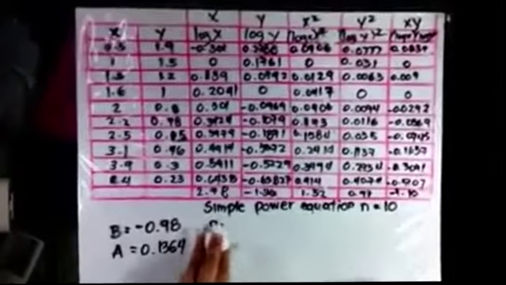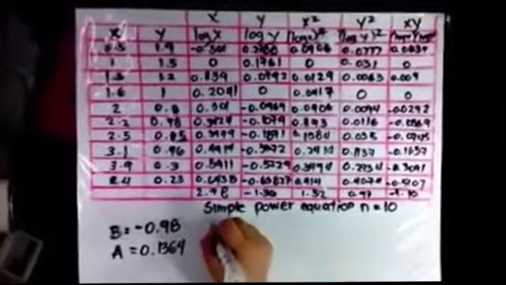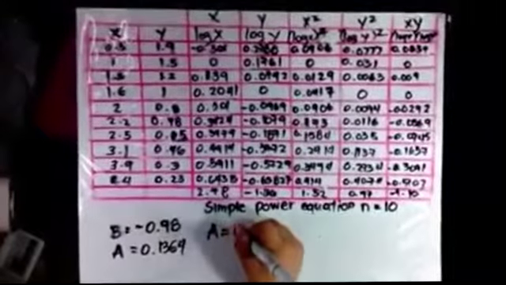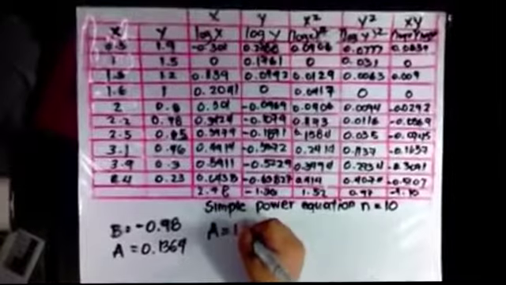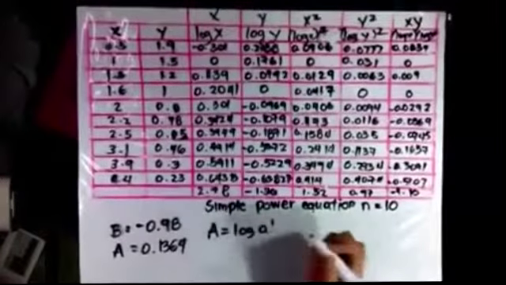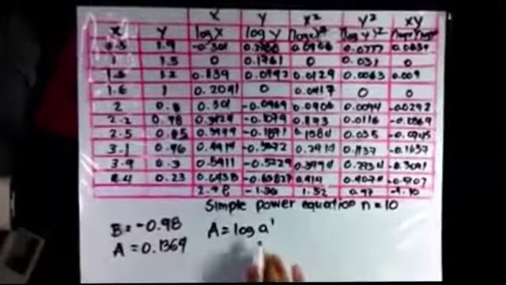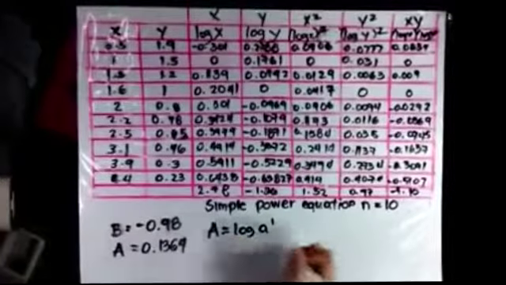Now we have to get the value of A sub 1 and B sub 1. We all know that A is equal to log A sub 1. So manipulating the given equation, we can get the A sub 1.